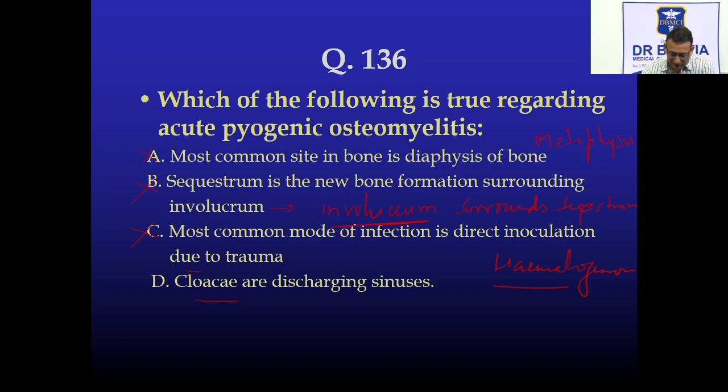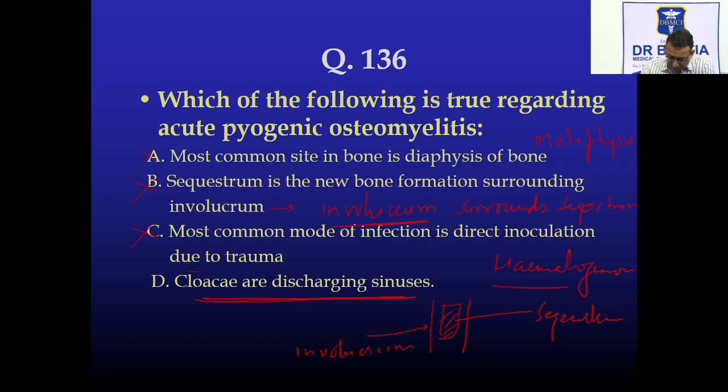Cloacas are discharging sinuses. This is something which you will see in the chronic osteomyelitis. So, once the new bone will be formed, so let us say this is the sequestrum, okay, and this is the new bone formed around that, which is called involucrum. So, this is involucrum and this is the dead piece of bone which is lying inside, which is sequestrum.